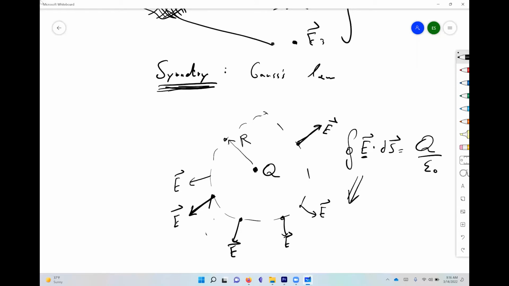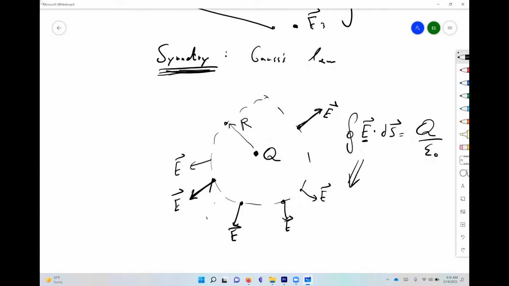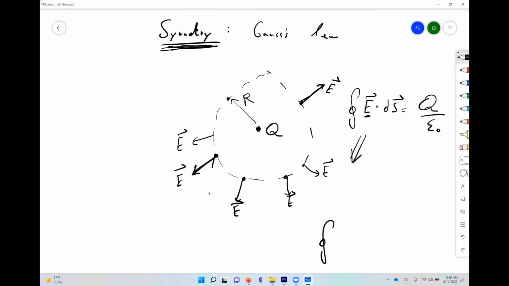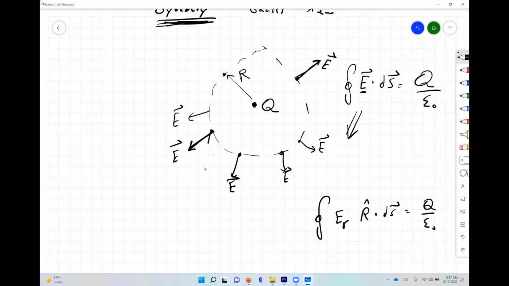We can take it out of the integral, right? So if we rewrite this as some E_r times the unit vector r hat, in spherical coordinates, E_r is constant along a constant r.